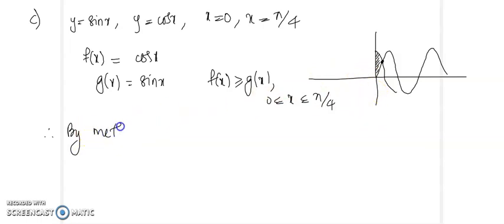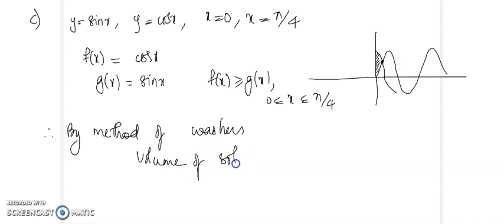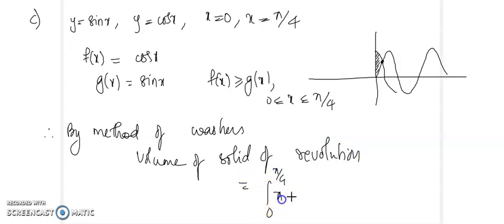by method of washers, so volume of solid of revolution is, so that will be equal to integral 0 to pi by 4 pi cos square x minus sin square x dx.